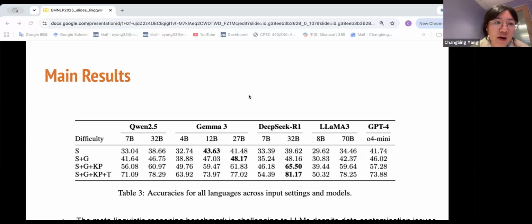But for our hardest setting, where we only provided the source sentence, the accuracy is a little bit above 25%. It's around 30-something. So we still see it as a challenging experiment.